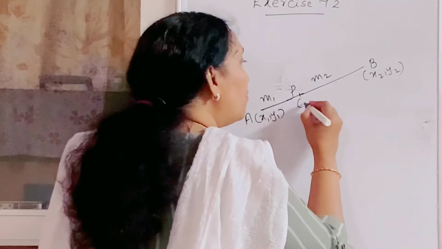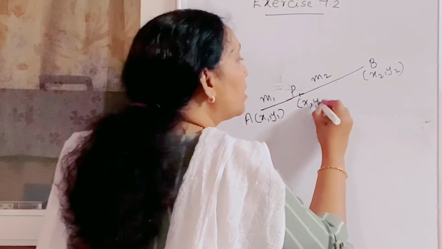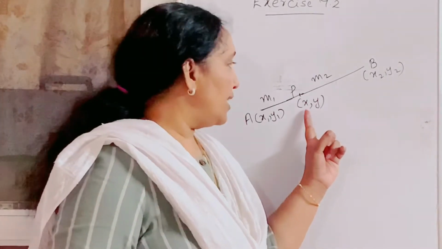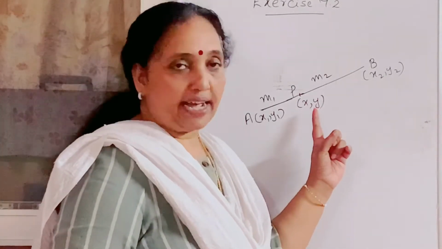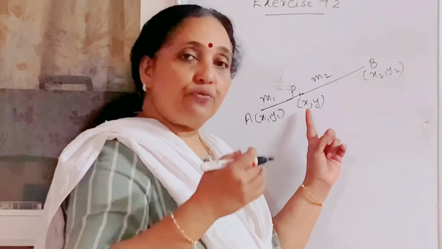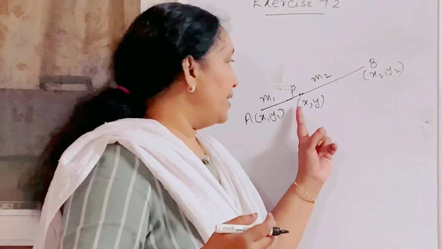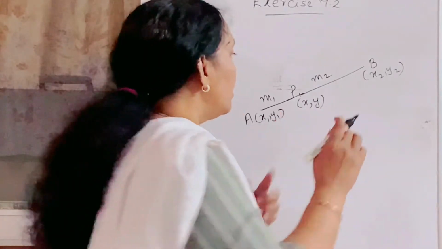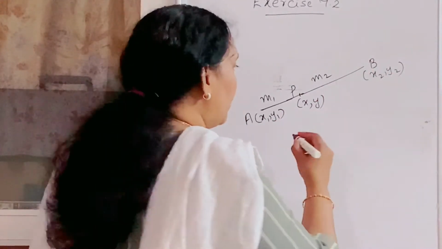If you want to find the coordinates of the point P, which I have taken as X and Y, we use the section formula. Let us see what that formula is.